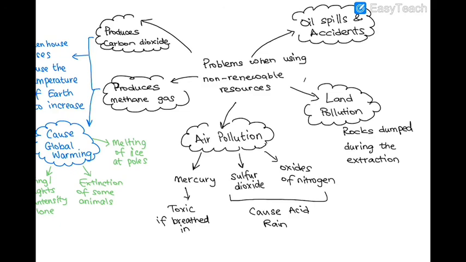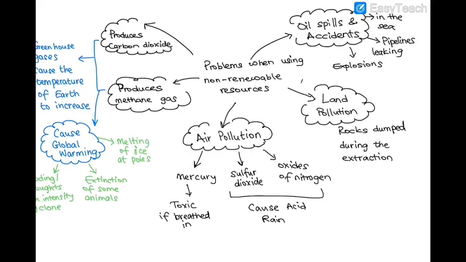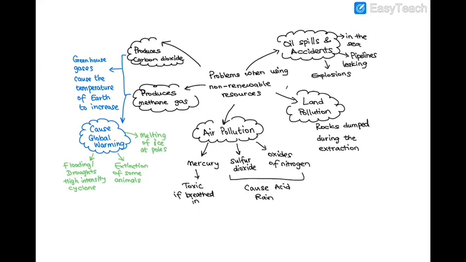They catch fire very easily, so you can have fires, you can have leakage of pipelines, and you can have oil spills in the sea that damage the environment. So as you can see, this is a summary of all the problems related with non-renewable resources.